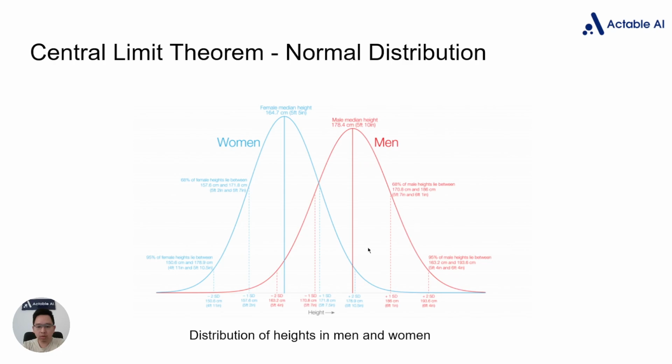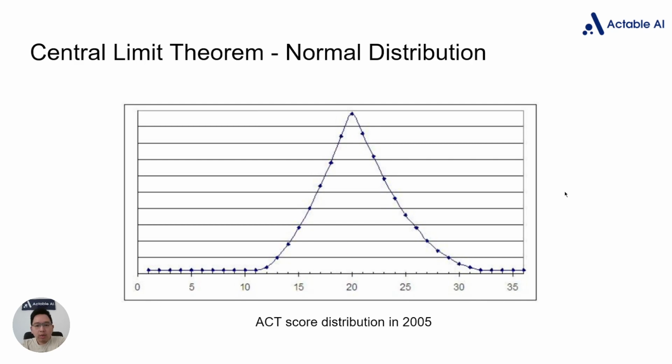Another example is the distribution of the ACT score, which is used for college admission in the US. I think it's ranked from 1 to 36 or something. Here we also see that the ACT score is distributed in this bell curve shape. We have the mean and then two equal sides on the left and the right. That is the ACT score distribution in 2005.